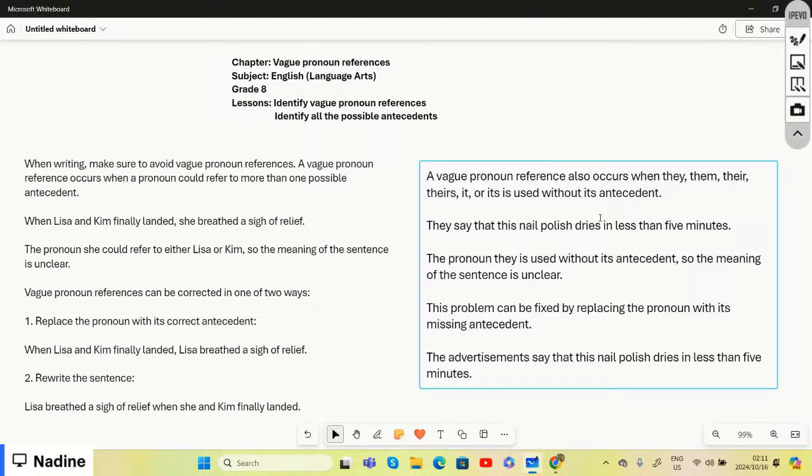So, in order for us to correct our pronoun references, based on the example about Lisa and Kim, we said both women or ladies or girls or females.